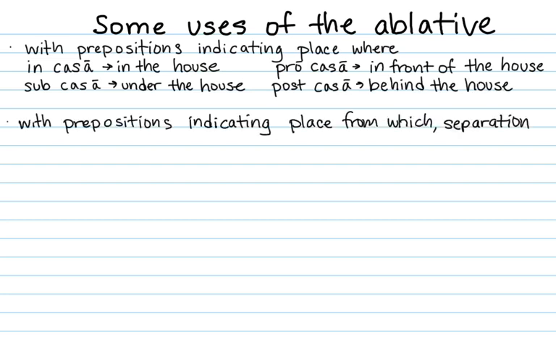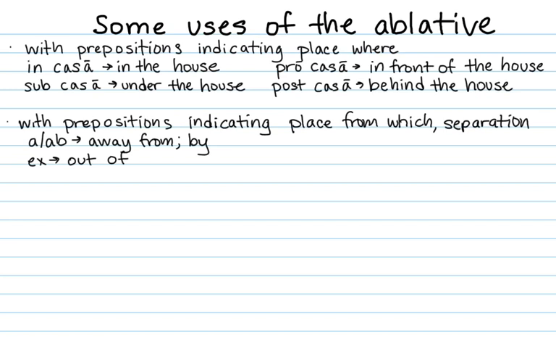We've also seen the ablative with prepositions indicating place from which or separation. So we've seen it with a and ab, meaning away from. There's another very different meaning of this preposition, which is by, and it does not hold that connotation of place from which or separation, but it still uses the ablative.